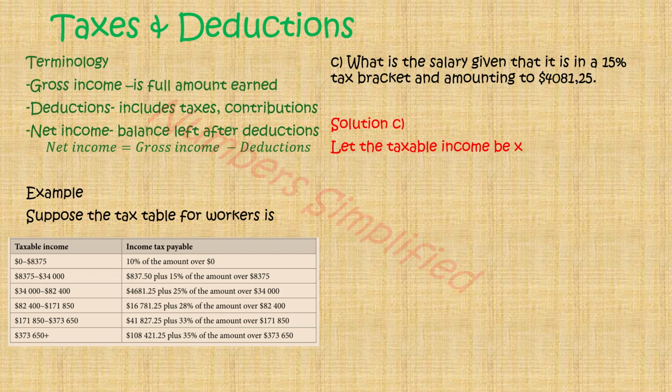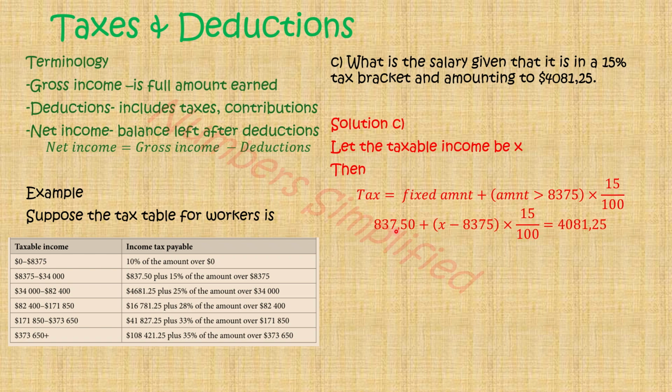Then we know also that tax is given to be the fixed amount plus the amount that exceeds $8,375 times 15%. This is coming from the 15% bracket threshold. So that is what we are making use of.